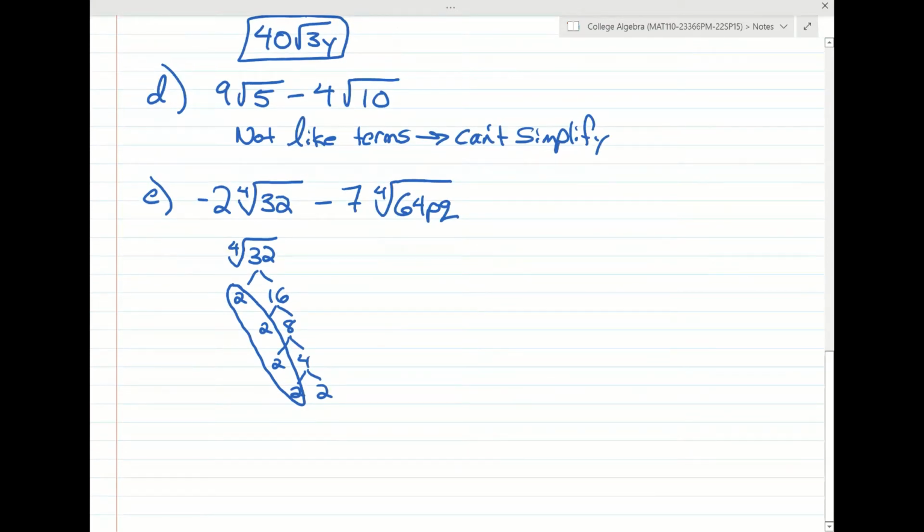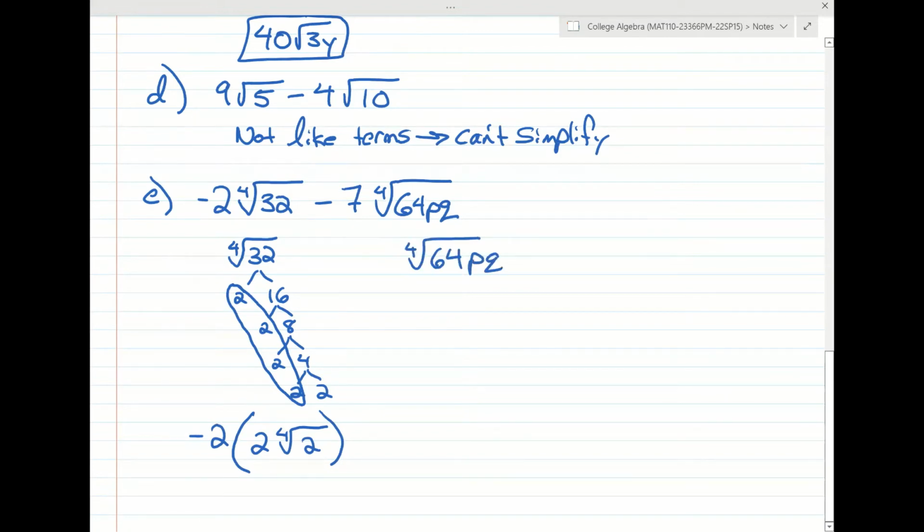So simplified, this would just be negative 2 times 2 times the 4th root of 2. That's what the 4th root of 32 would simplify down to.